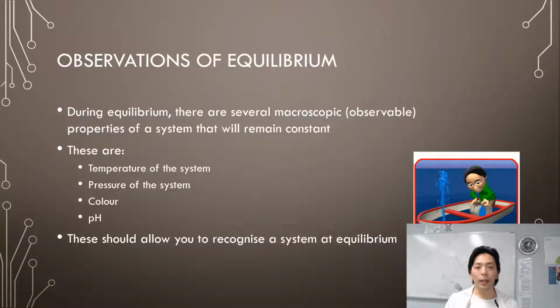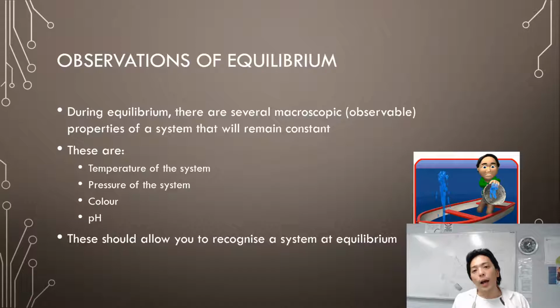Color change: once it reaches equilibrium, say if you're dealing with a color change from, I don't know, purple to green, for example, there would be an end point to the color change until you open the closed system. pH is the same. If you are tracking a pH value change, it will settle down at some point.